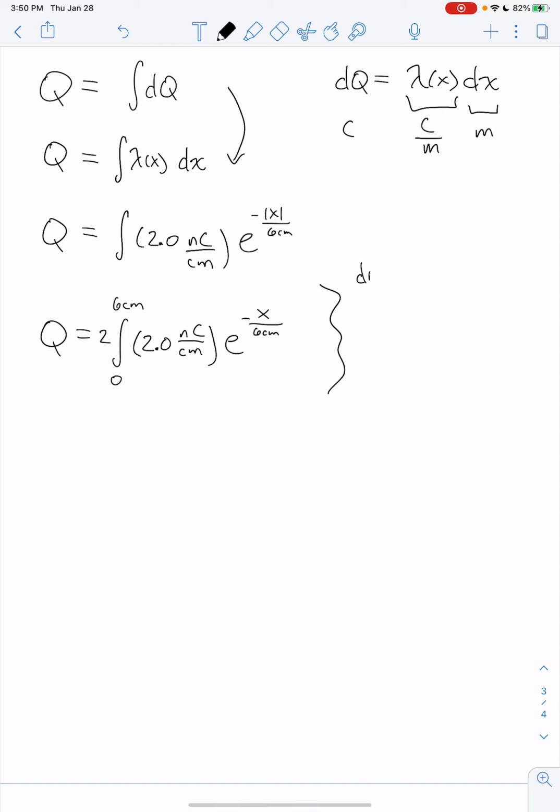So we're going to drop the absolute value of x and replace it with x.